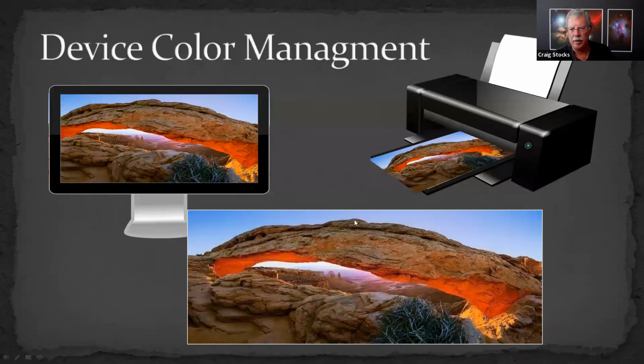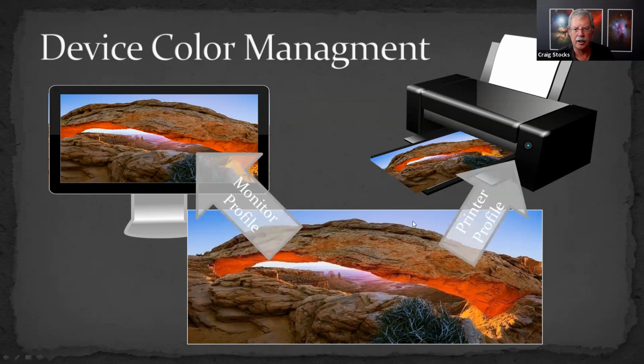So this kind of brings us to device color management. The goal is that you have an image in a photo file on your computer, and whatever those colors are, you want to see them accurately on the monitor, and you want them to print accurately on your printer.